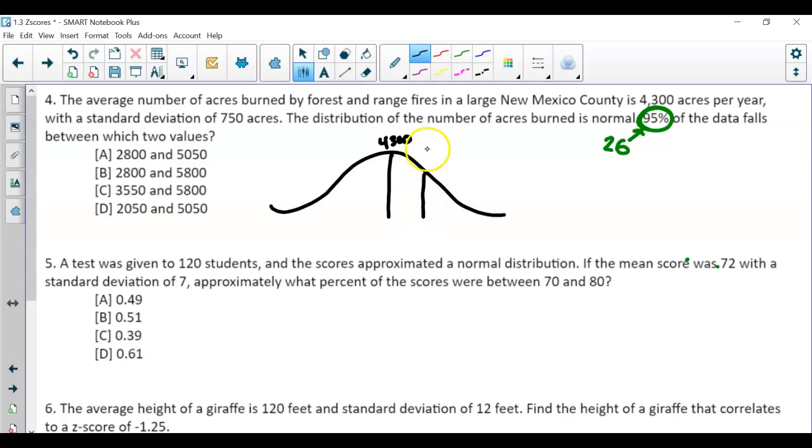So 1 above is 5,050 and 2 standard deviations above is 5,800. So then 1 standard deviation below is 3,550 and 2 standard deviations below is 2,800. So 2 and 2, that's why the answer is B.